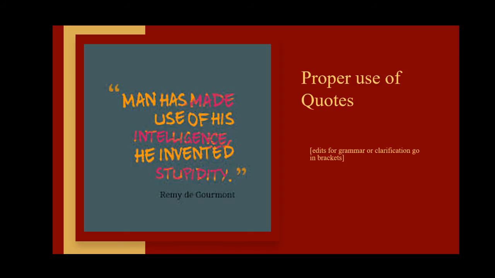If you have something that someone wrote and you add on one word to it, you must go into brackets, what I call little staples from either side. These brackets you use if you want to insert into any quote that you're using. The one I have here has no edit brackets. "Man has made use of his intelligence. He invented stupidity."